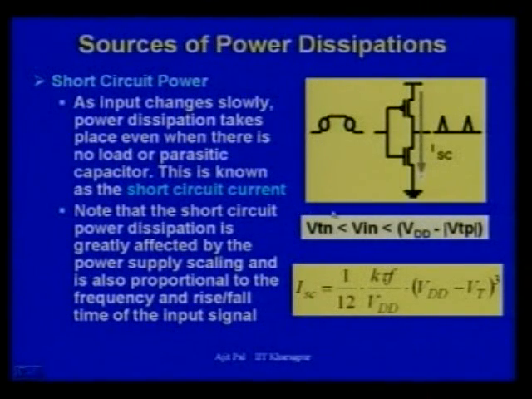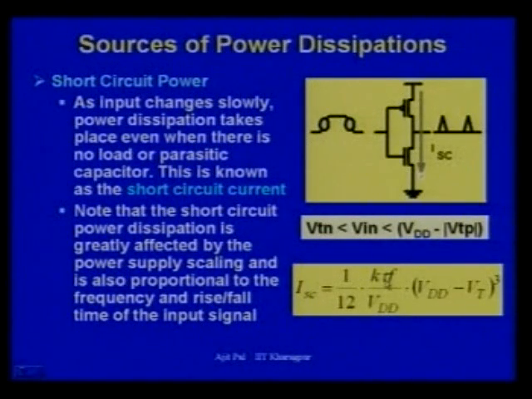And the expression for short circuit power dissipation is given here. I mean the short circuit current is given here. It is 1 by 12 into K, which is a constant, which is actually dependent on the length and width of the transistors, the mobility of the transistors and so on, and the thickness of the silicon dioxide of the transistors.